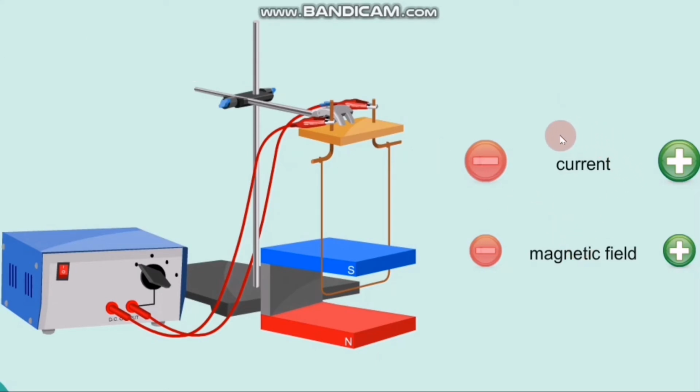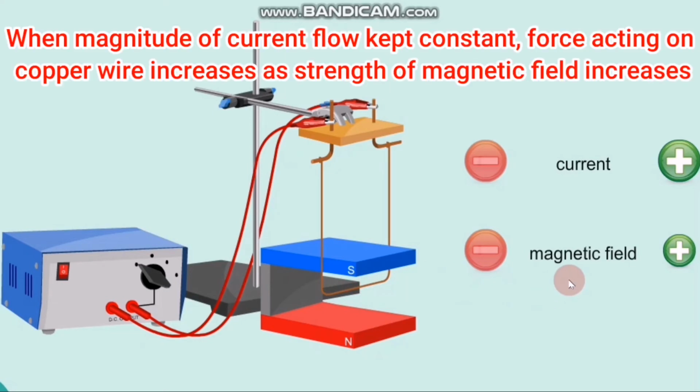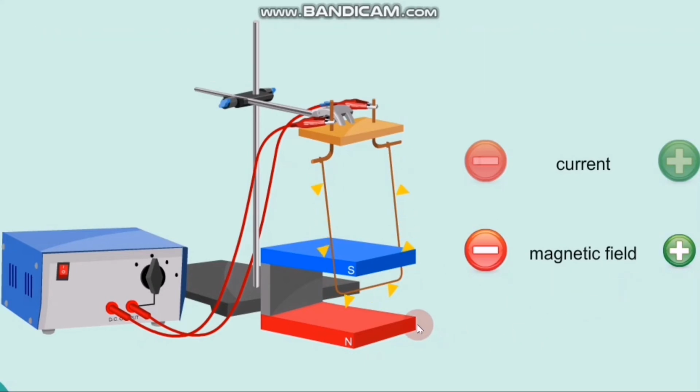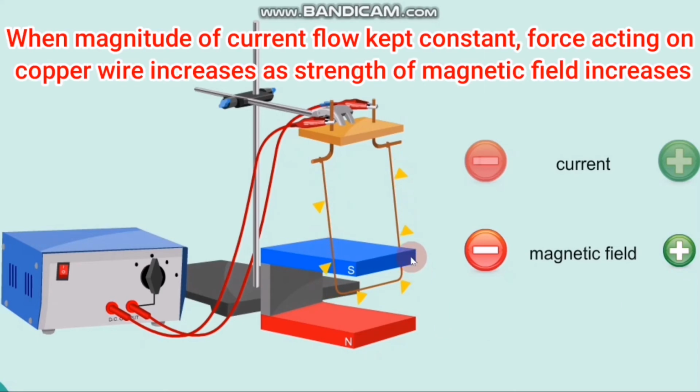And now to study the second factor, we keep the current constant. And again, you may observe the angle of motion or angle of swing of the current carrying conductor as I change the strength of the magnetic field. Initially, when the magnetic field is weaker, the current carrying conductor swings at a small angle.